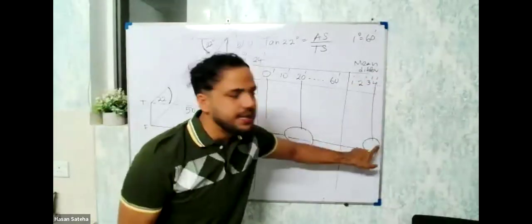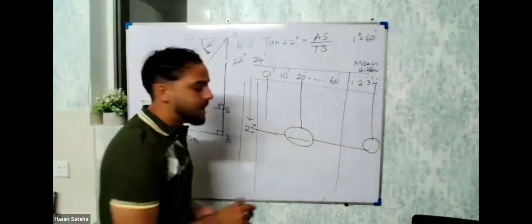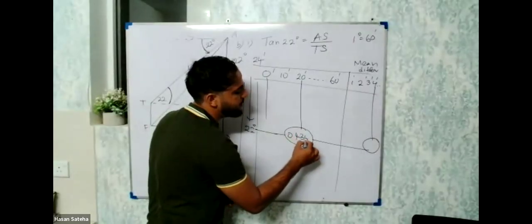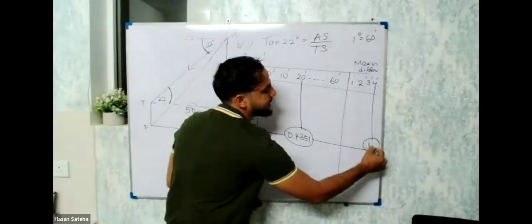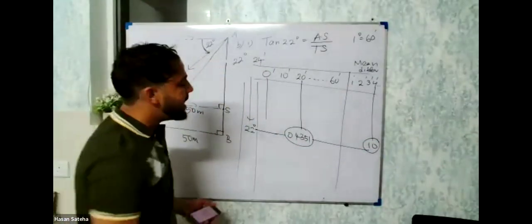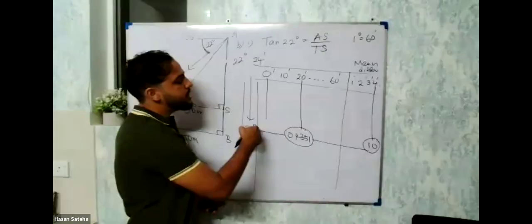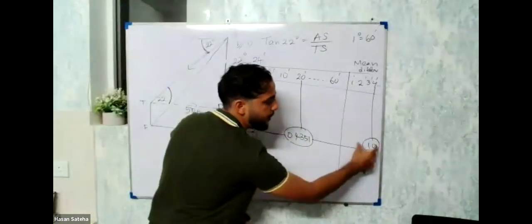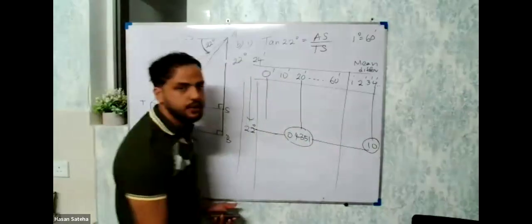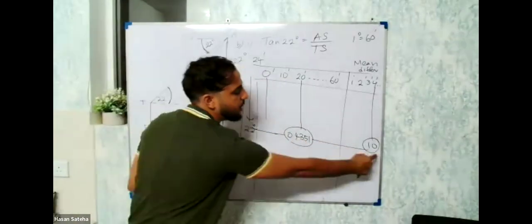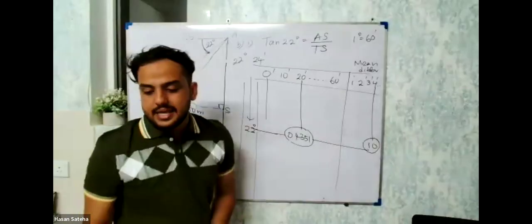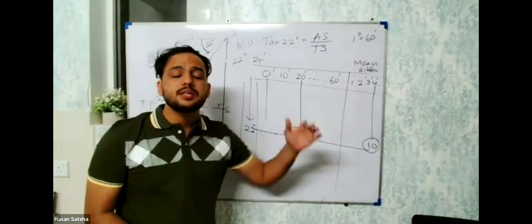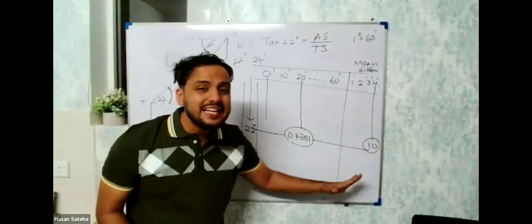Let's say here the value is 0.4351, and the mean difference value is, for example, 10. Then tan 22 degrees and 24 minutes is equal to this value plus this value, so 4351 plus 10, that is 4361. So that is simply how you use your tan table and your sine table.